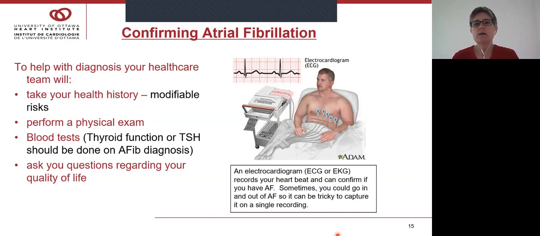And this is an important thought, and just something for you to keep track of, because really how the episodes affect your quality of life, whether they stop you from doing the things that you want to do, or whether you don't know you're in atrial fibrillation, all plays an important factor in how we go about treating your episodes.